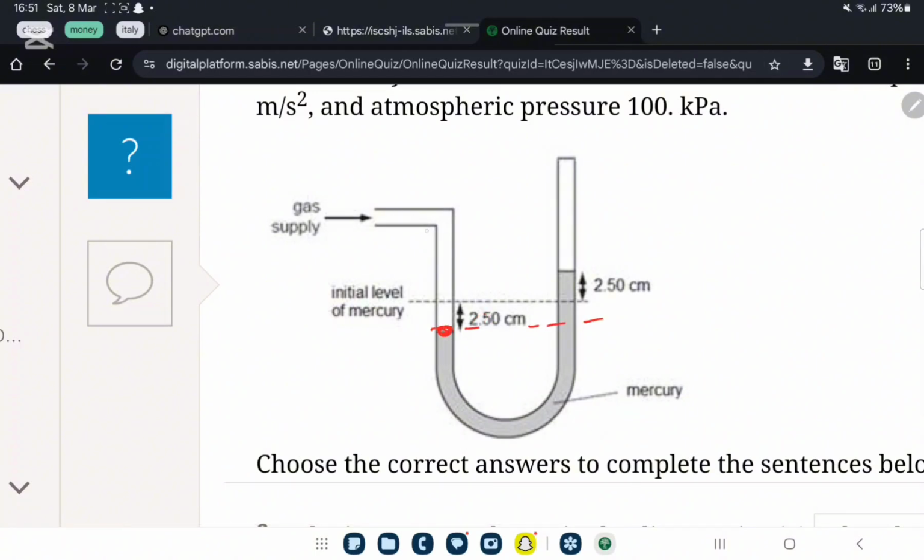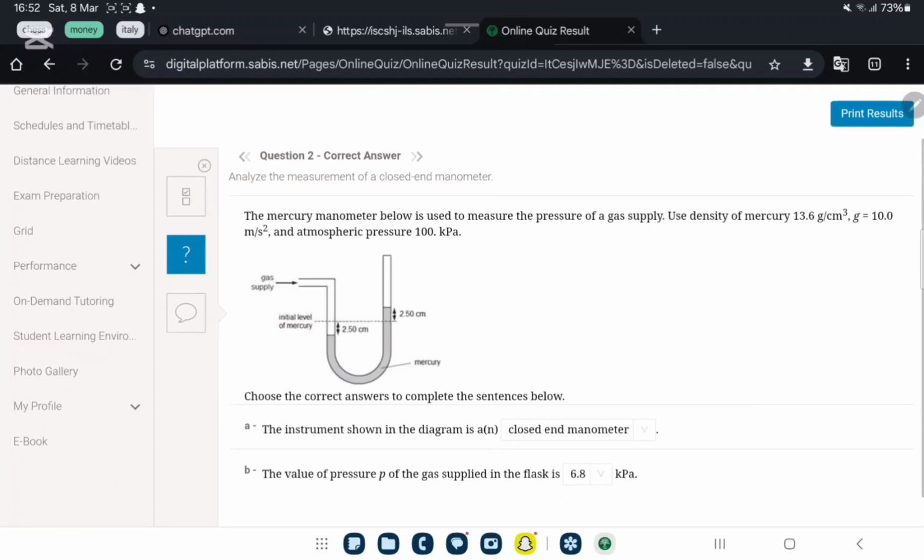So they want the pressure of the gas here, and this whole height is 2.5 centimeters for this one and 2.5 centimeters for that one, so 5 centimeters. So we know the height is 5 centimeters. Again, they want the pressure of the gas here, and points at the same level have equal pressure.